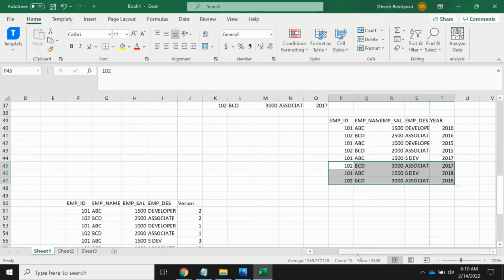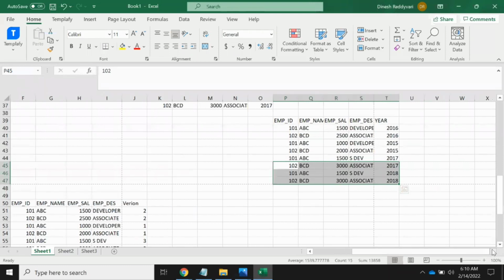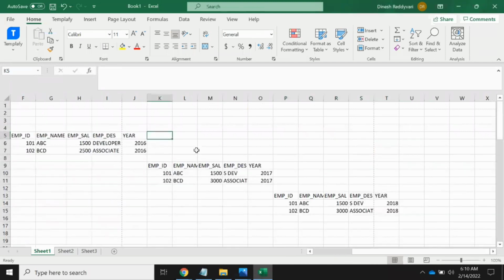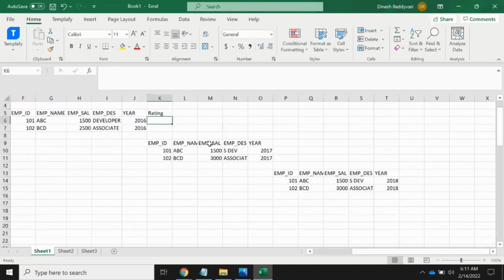Let's say, for example, same as the employees table, we have another column, year, and then another column, for example, rating. What is the employee's rating? Let's assume 5 here, and then 4 here.